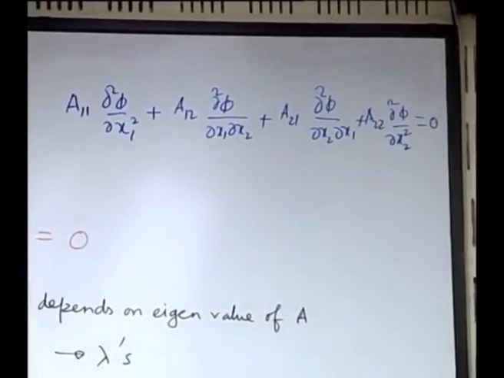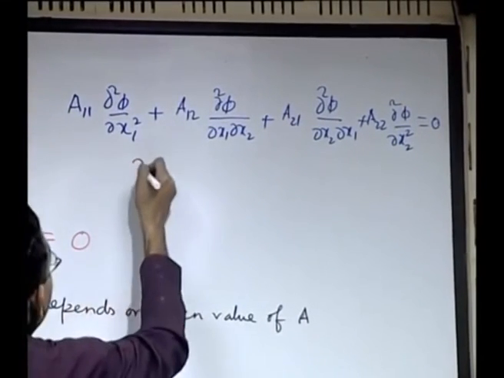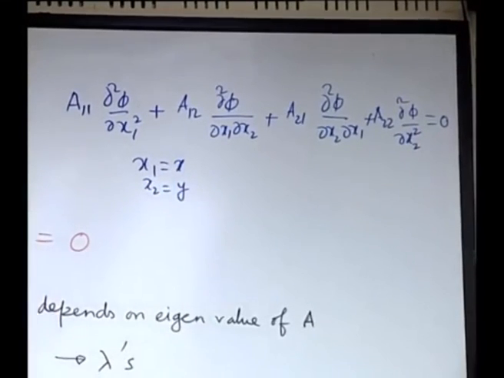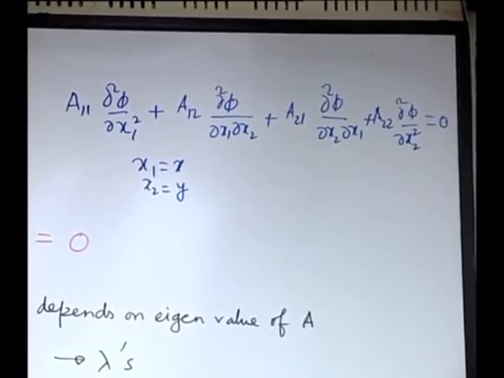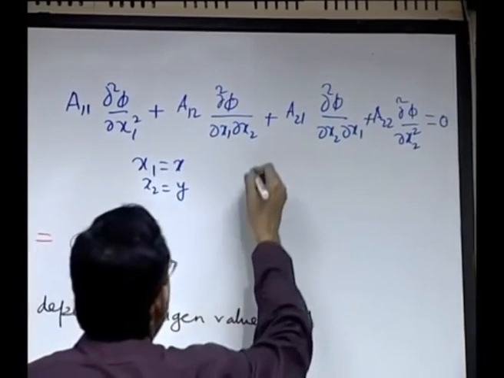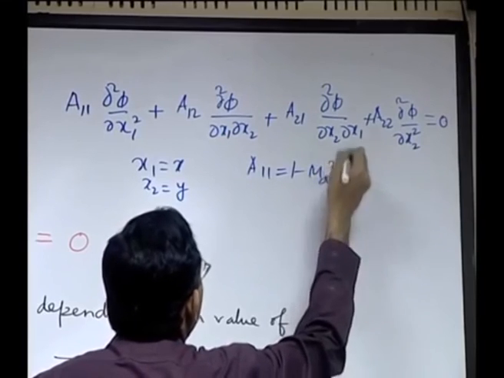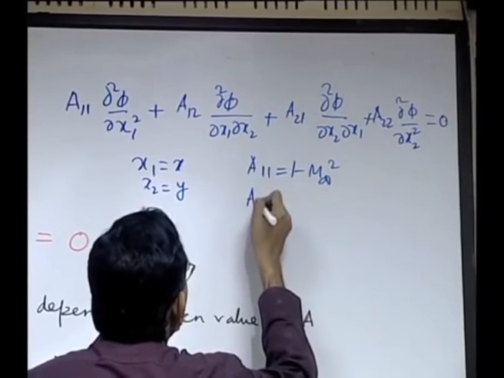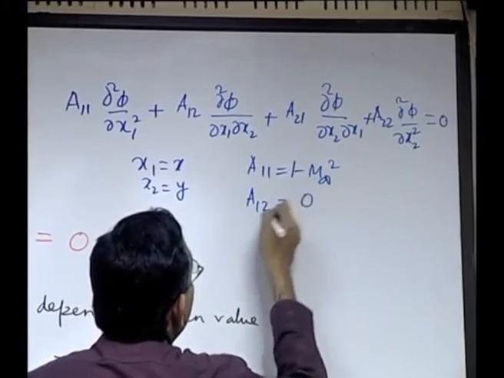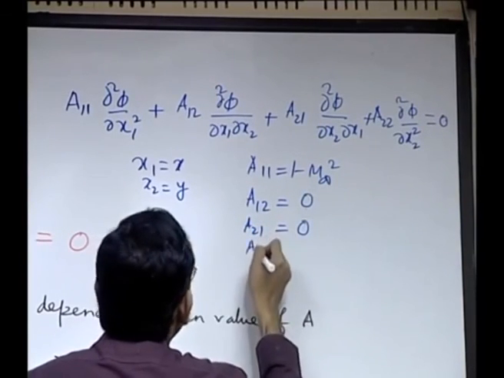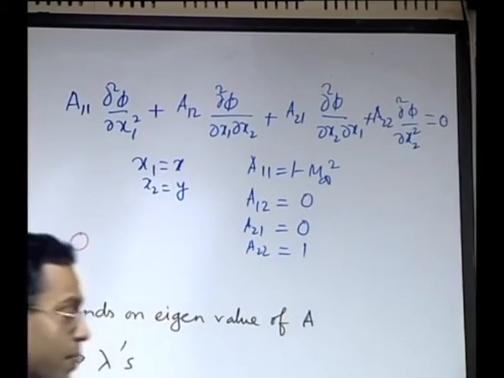This is the particular form where x1 is x and x2 is y. So let us identify the values of the coefficients. What is A11? 1 minus M infinity square. What is A12? 0. What is A21? 0. And A22? 1.